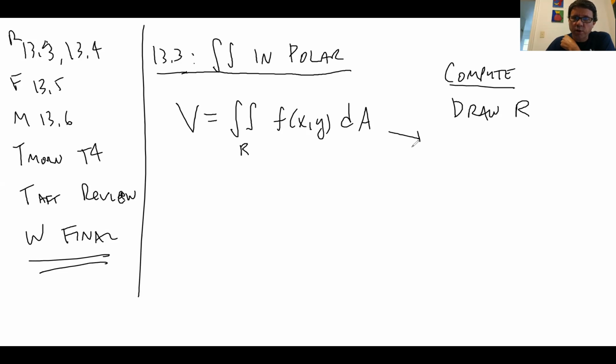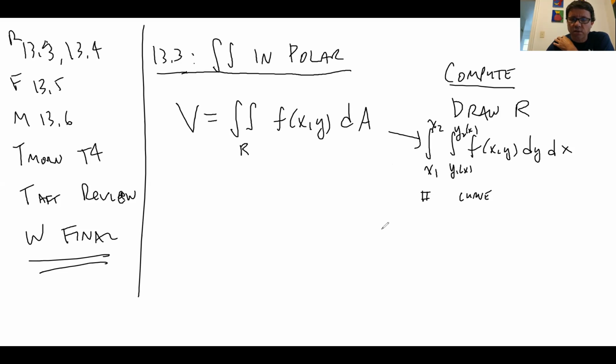You determine whether you want to write this as the integral of f of x, y, dy, dx. If you do that, then you'll have a function of x for the bounds on y, and then numbers x1 and x2. So again, curves on the inside, numbers on the outside.